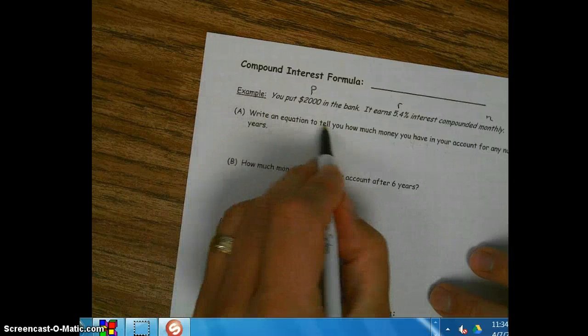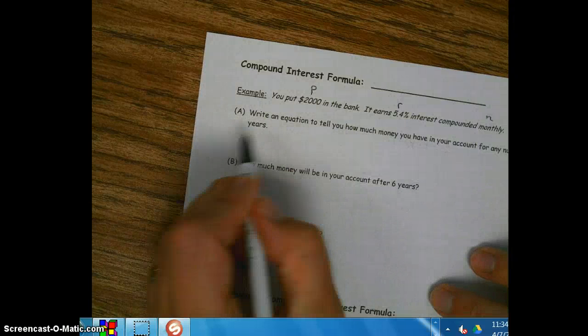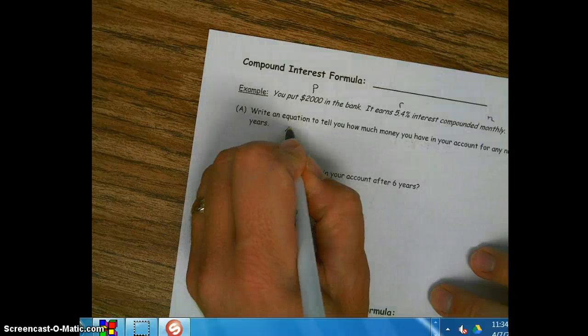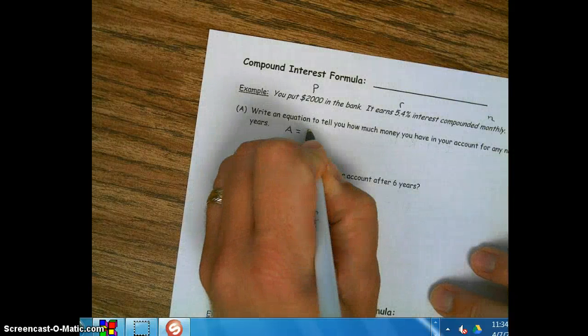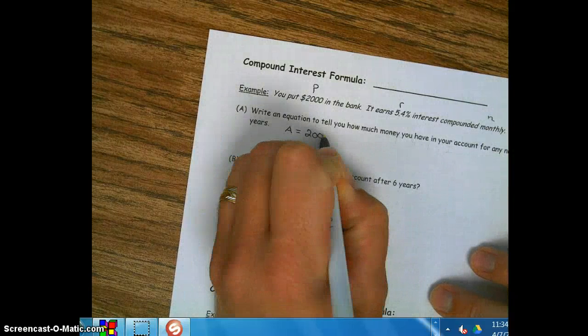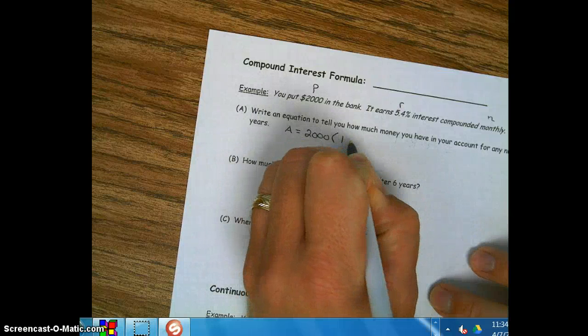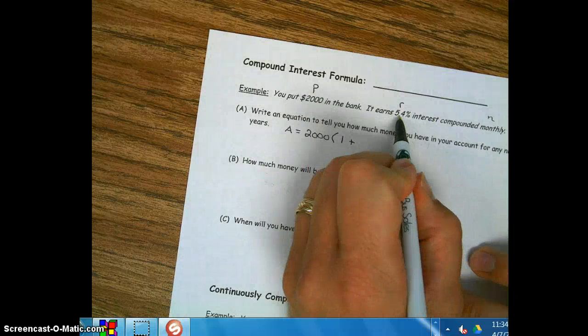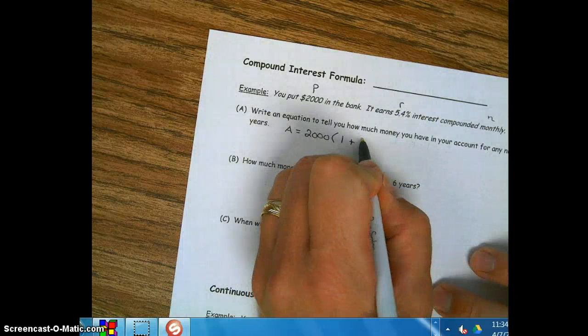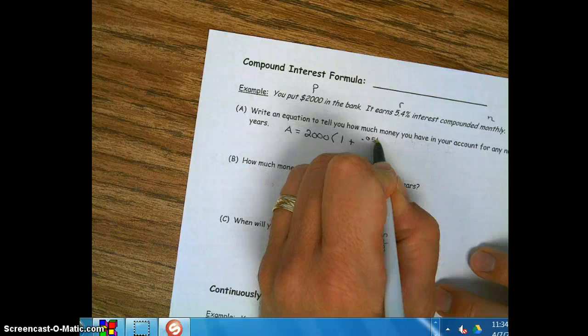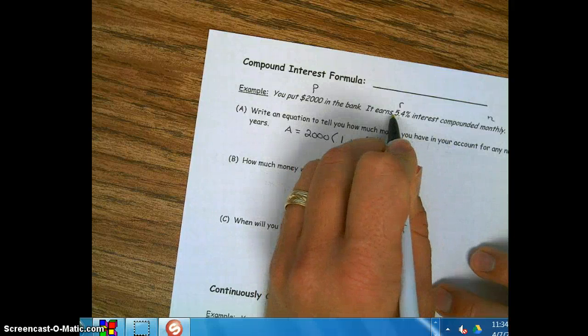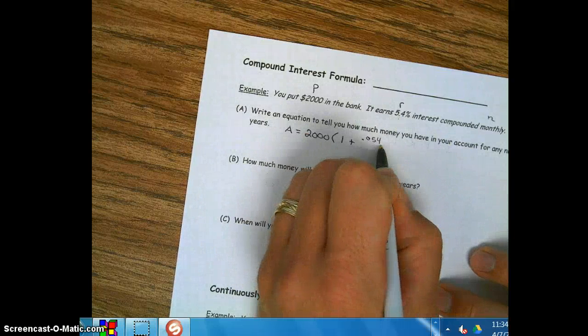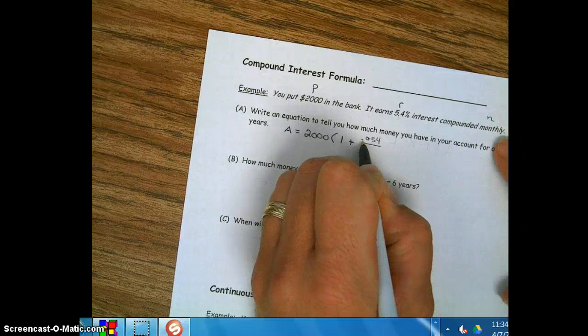So it says write an equation to tell you how much money you have in your account for any number of years. So A equals our principal times 1 plus the rate. Okay, we need to change this to a decimal. So 0.054, move the decimal 2 places to the left, over monthly.